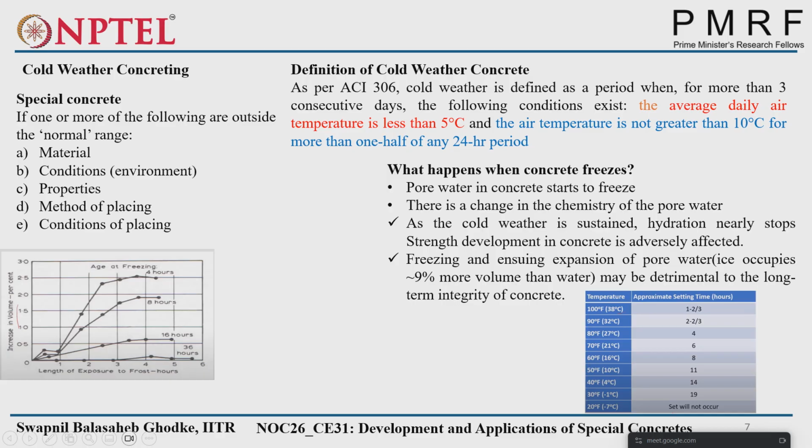So hydration slows down. If you see, at nearly minus 7 degrees Celsius, no setting will be observed. The concrete completely stops its hydration at minus 7 degrees Celsius because most of the available water may be frozen. So there is no water available for the hydration purposes.